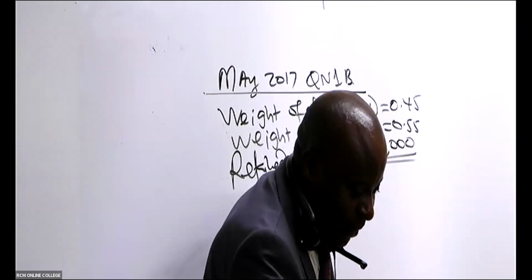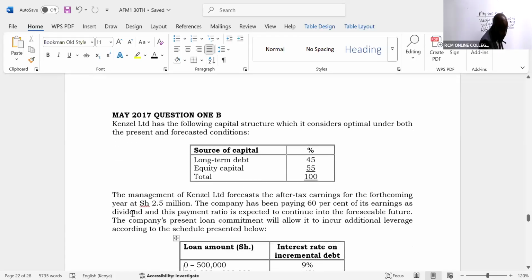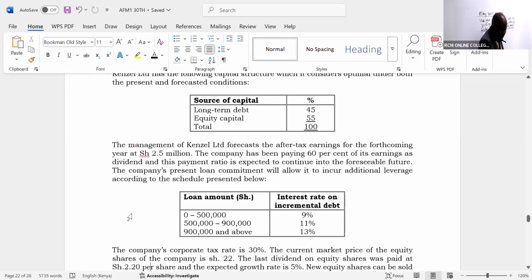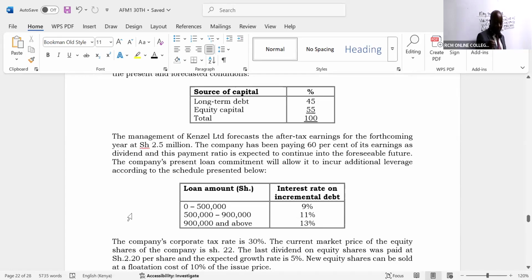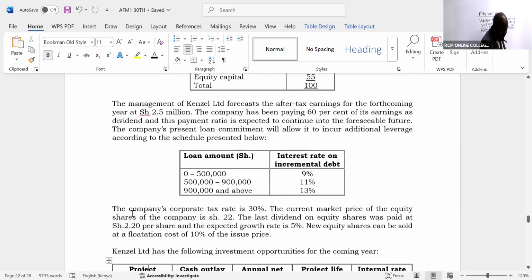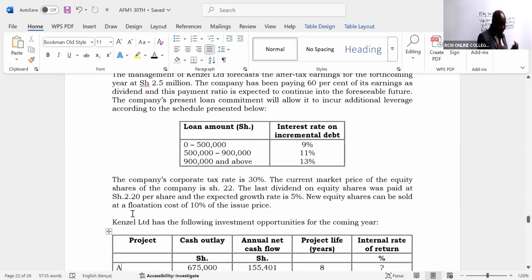All right. Now, ladies and gentlemen, we continue. They're giving us there that the company's present loan commitments will allow it to incur additional leverage according to the schedule presented below. The company's corporate tax is 30%, which in an exam I have to underline.